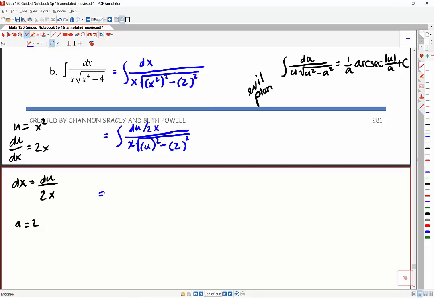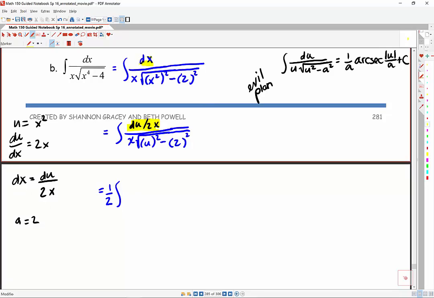The 2 would come out in terms of the 1/2. Let me show you what's matching up here. So this is our dx, this is our u, and our a was 2. So it's looking a little bit scary, right? But keep going. Sometimes it works out fine.